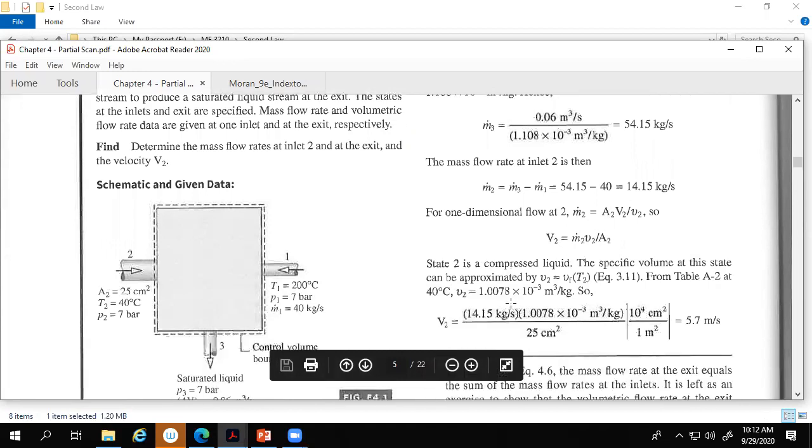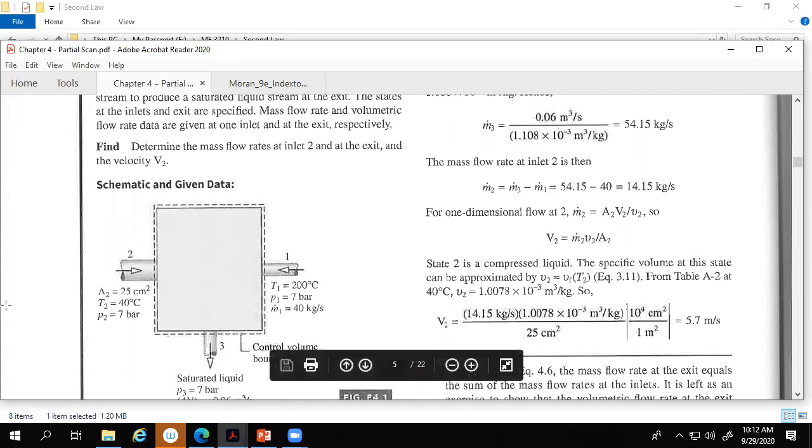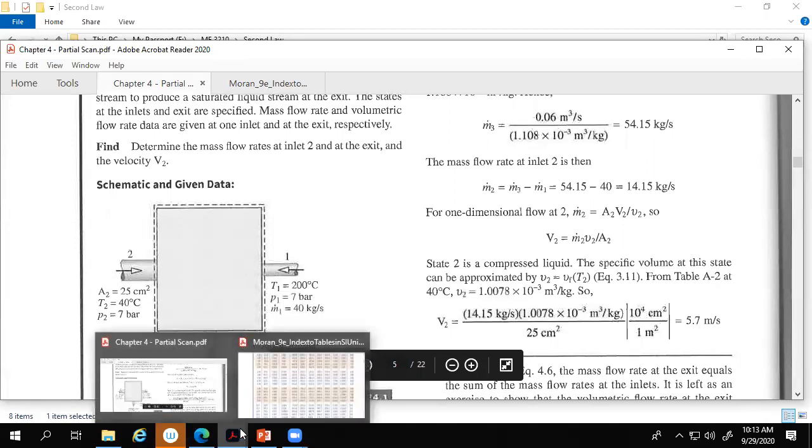And of course, the other thing you have to do is look up this specific volume at 2. It's 7 bar and 40 degrees C. Help me remember that. My memory is not too good.